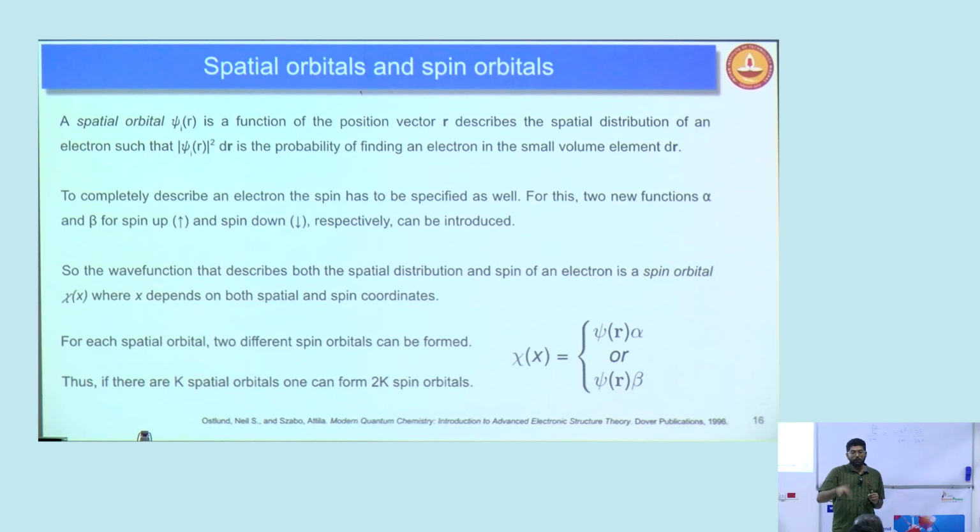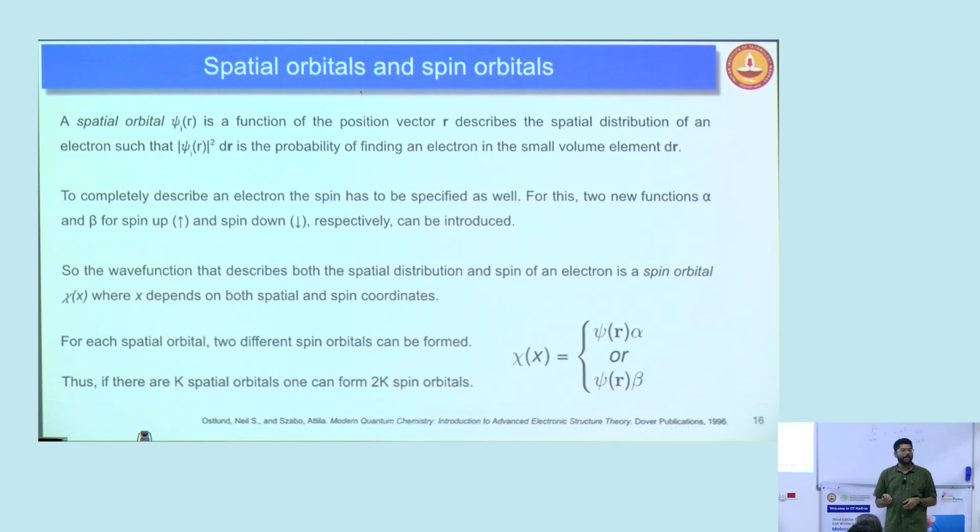Therefore, in order to account for this, we will be adding something. If I wanted to say where the electron is, in the wave function you will write psi of r, right? That r is telling you the position of the electron. Similarly, there should be a variable that tells about the spin. That variable is generally represented using omega, okay?